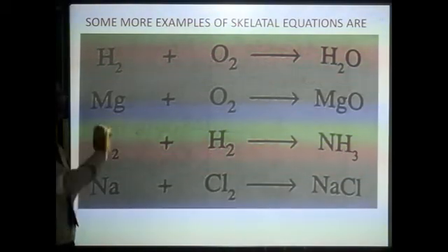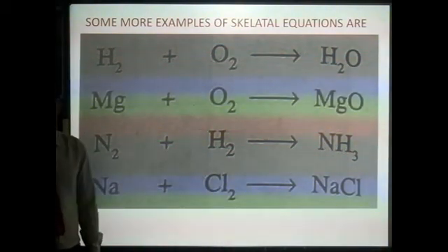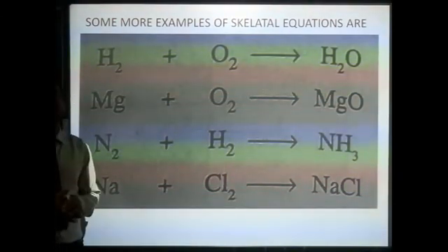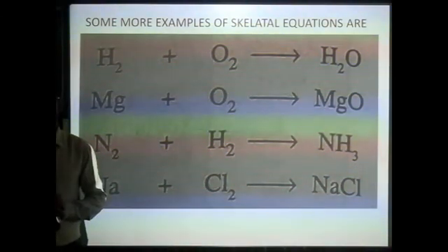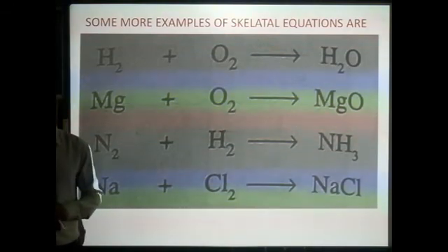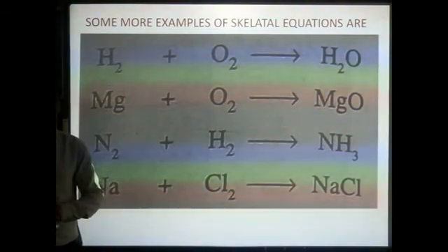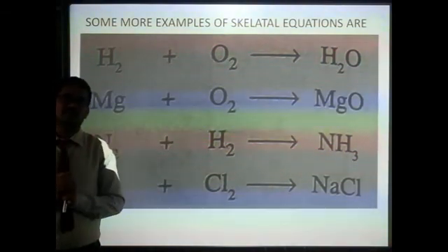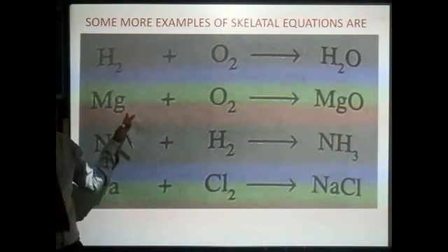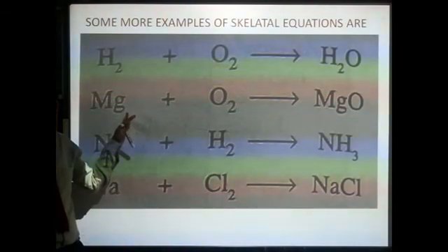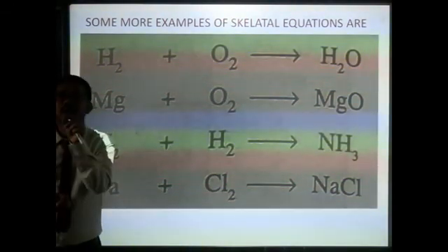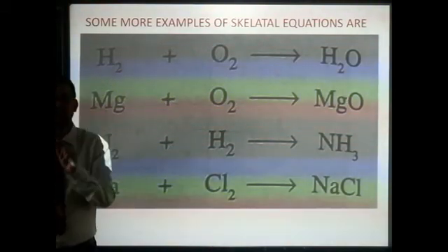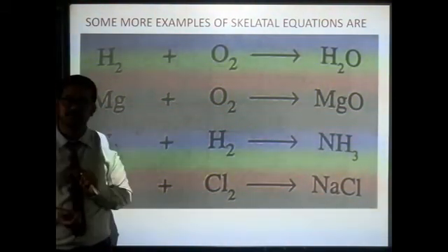So Mg means one atom as well as one molecule. When you write the symbol independently, magnesium Mg, that becomes an atom. But whenever you write it in a chemical equation, it means atom as well as molecule, because a monoatomic element has one atom in its molecule.